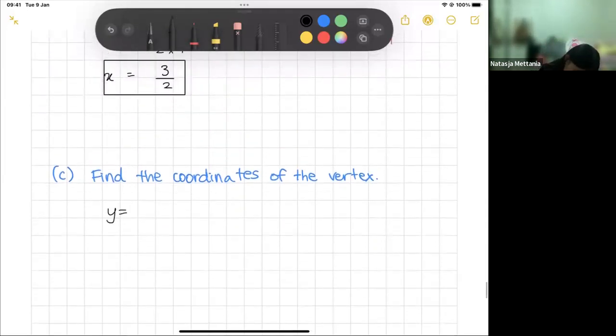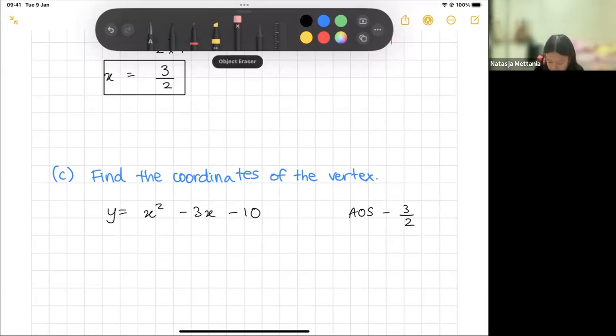My equation is y equals x squared minus 3x minus 10. My AOS equation is 3 over 2. To make it easier, my AOS is x equals 3 over 2.